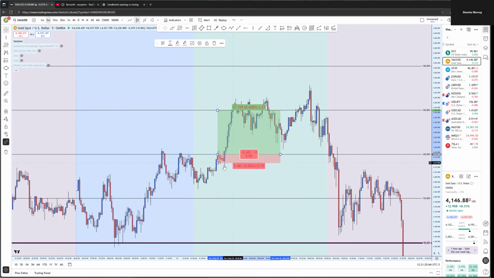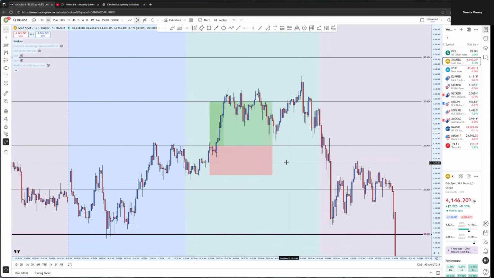As you can see, the closer we move our stop loss, the worse off we are. The further we move our stop loss to gain a 1 to 1.5, it's still good money. Money's been made, and your win rate goes up, right?